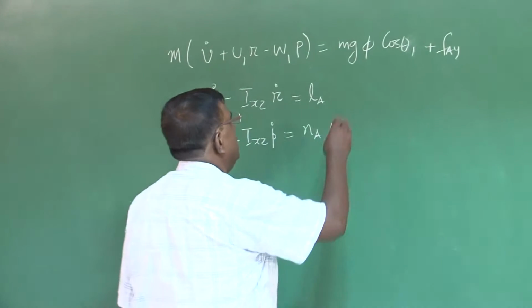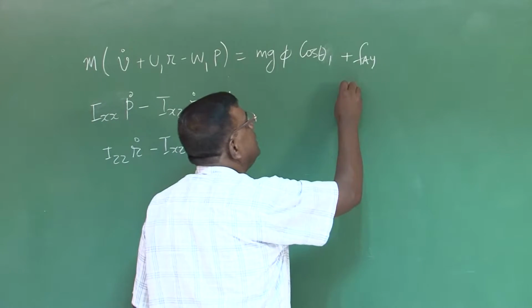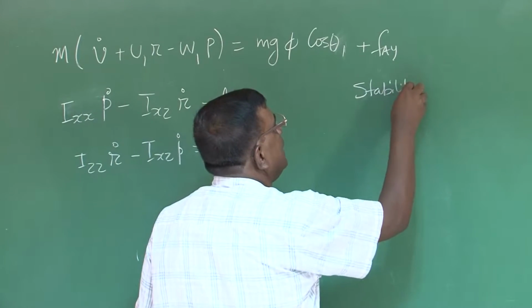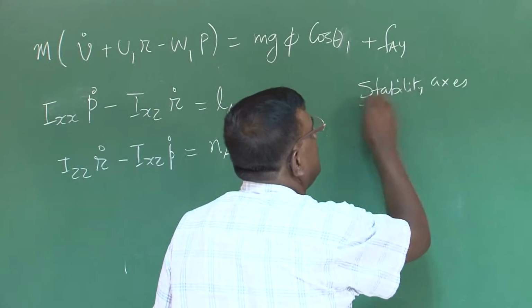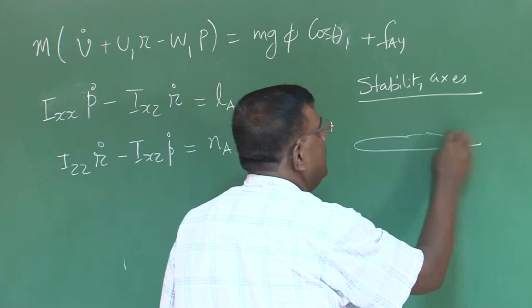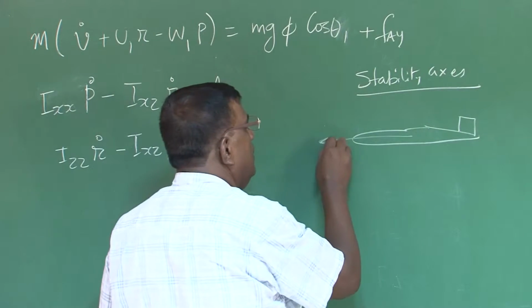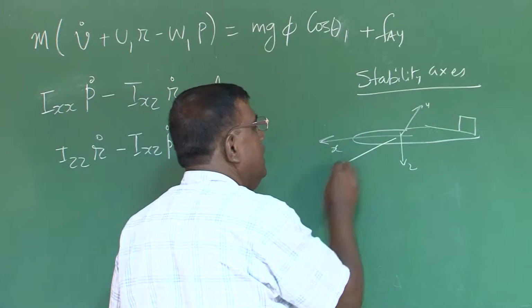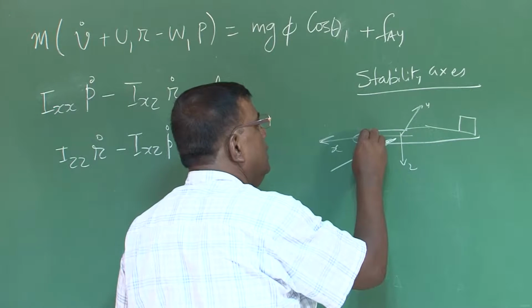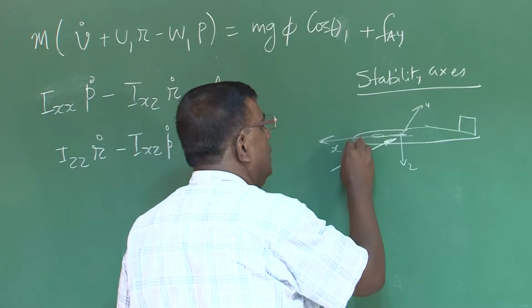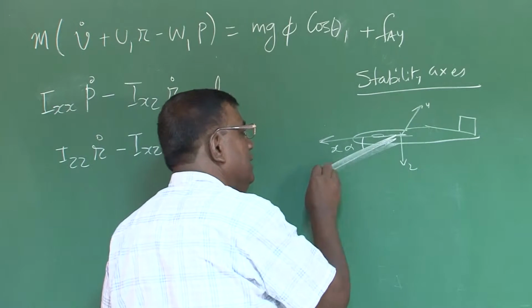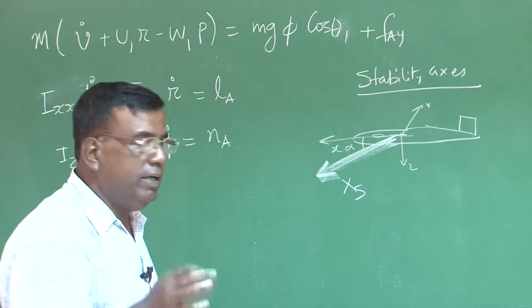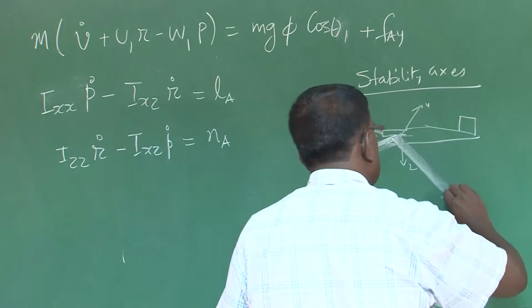And also note here, the moment I put another condition that we are using stability axis, recall what is stability axis? If this is the airplane, and this is the normal body x, y, and z, and let's say this is the relative air speed, and this is the angle of attack, then xs means that the x-axis is aligned with the velocity vector in the vertical plane, and this becomes zs.